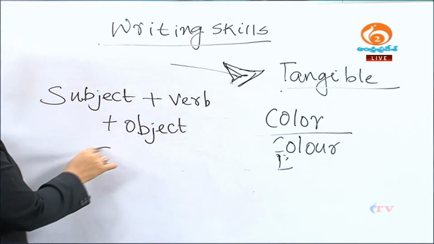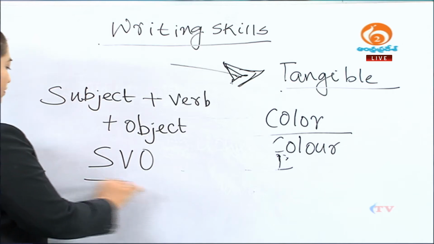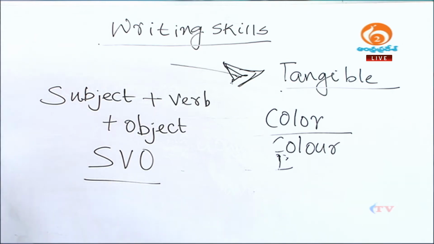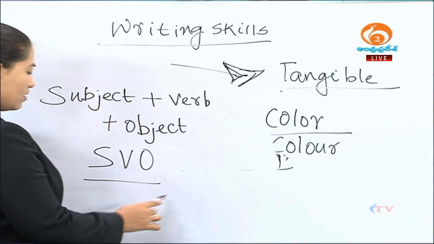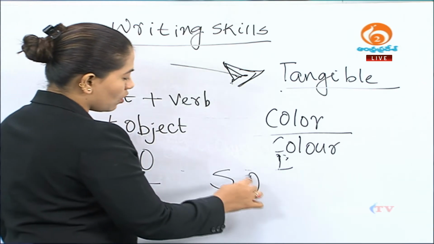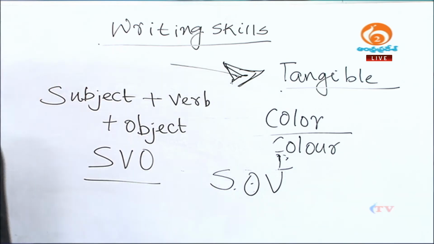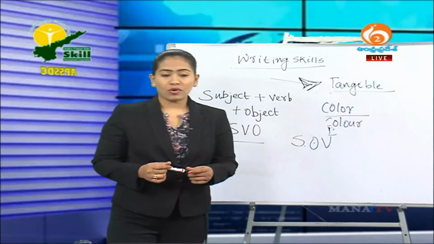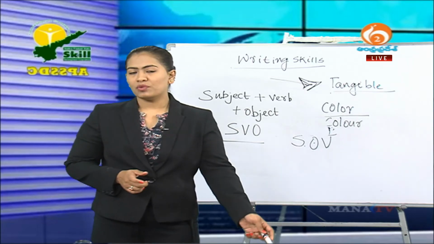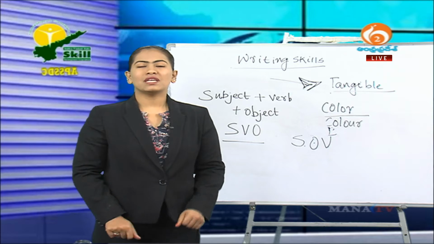So S, V, O is the rule, and then we have other languages which follow the rule of S, O, V, that is subject, object, verb, which is different from the English language. So it's important that I follow the rule book of my word order, which is subject, verb and object, in order to maintain absolute clarity in trying to convey what I want to convey.